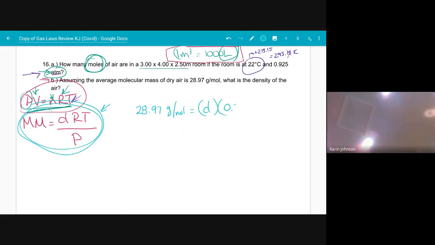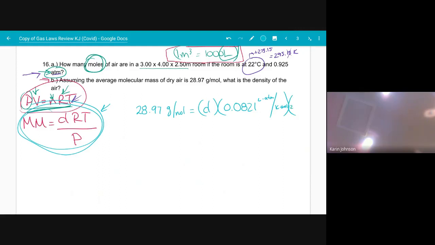R is the gas constant that has atmospheres. It's hard to talk and do these at the same time. Its label is liters times atmospheres over Kelvin times moles. And then the last one is the temperature.